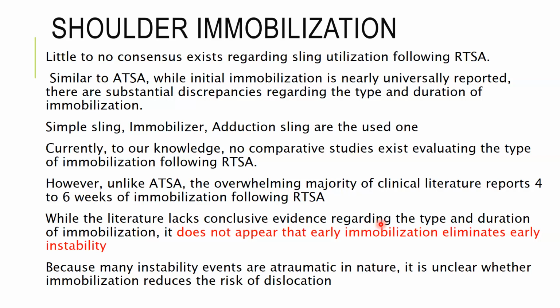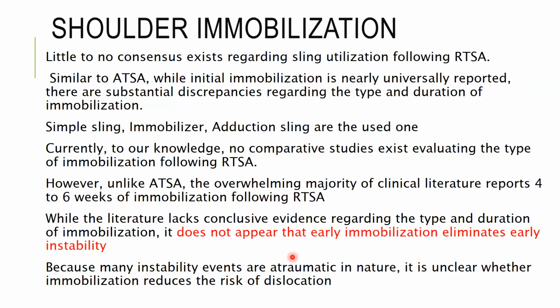Studies have recommended either a simple sling immobilizer or even an adduction sling. There are reports in the literature that support 4 to 6 weeks of immobilization for the reverse shoulder arthroplasty, whereas for the total shoulder arthroplasty, there is not much specific recommendation.